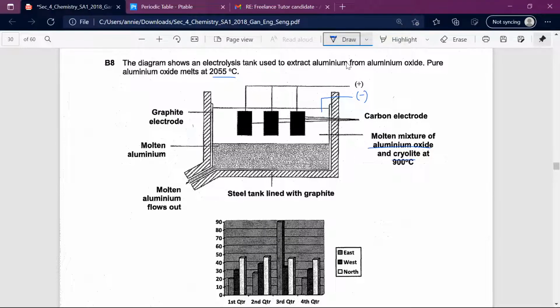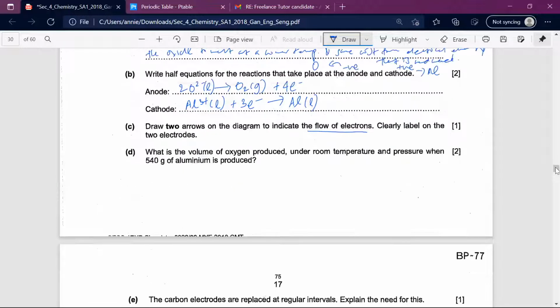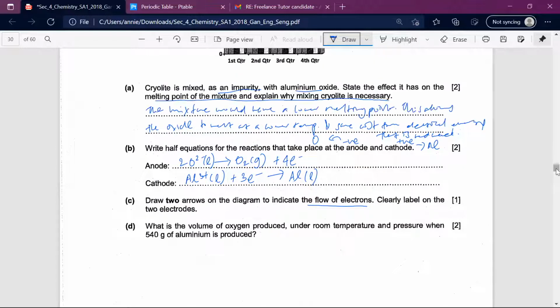So this is positive. Electron flows from negative to positive, right? So you have this going here, and this going down here, right? And another arrow will be the electron flow. It goes from negative to positive, so this is the other arrow. Okay, let's move on to D.